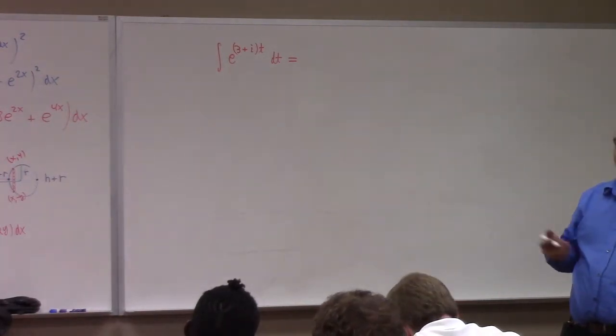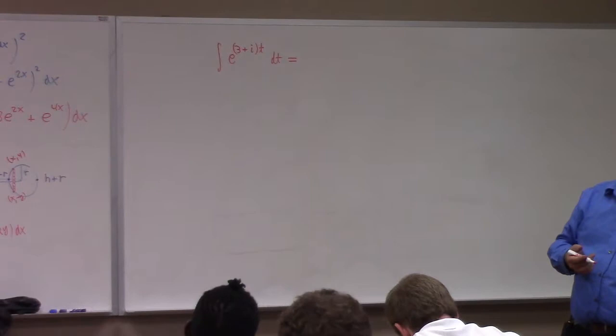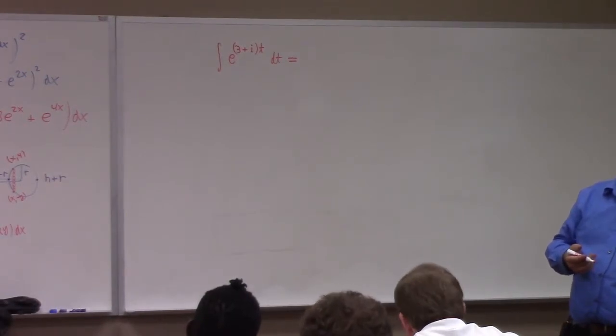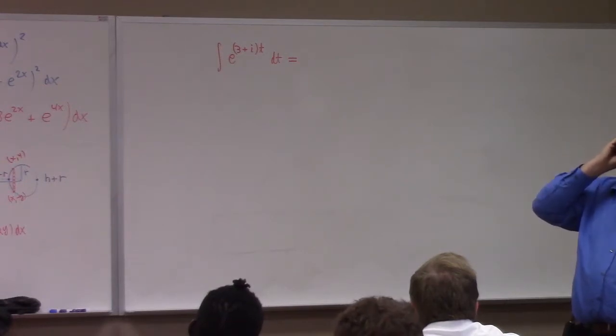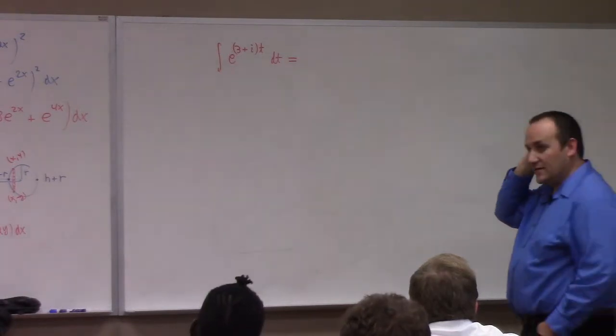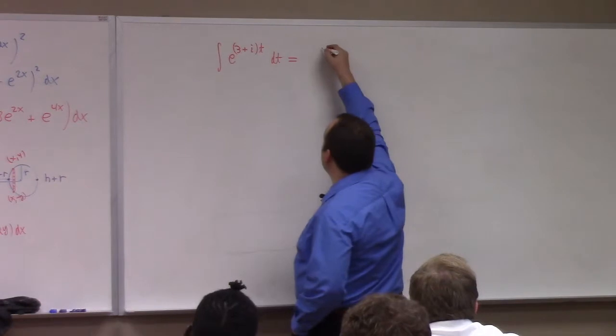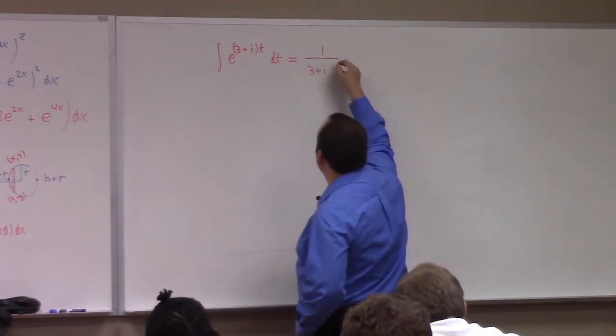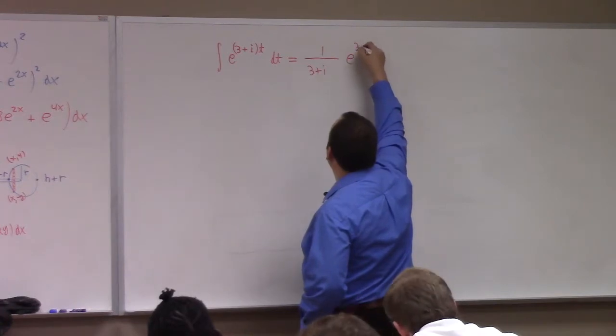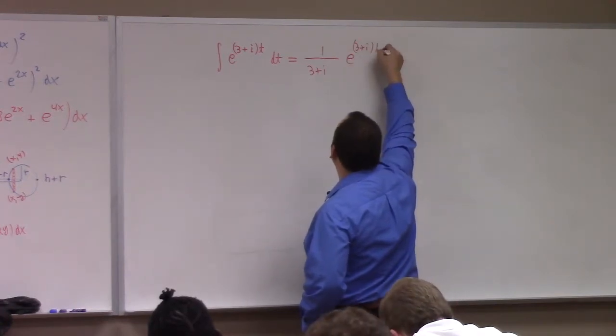If there's any justice, what should it be? If I had asked you what the integral of e to the 3t dt was, what would you have told me? I hope you would have told me 1/3 e to the 3t, right? What would the natural analog to that be here? 1 over 3 plus i, times e to the (3 plus i)t. Yeah.